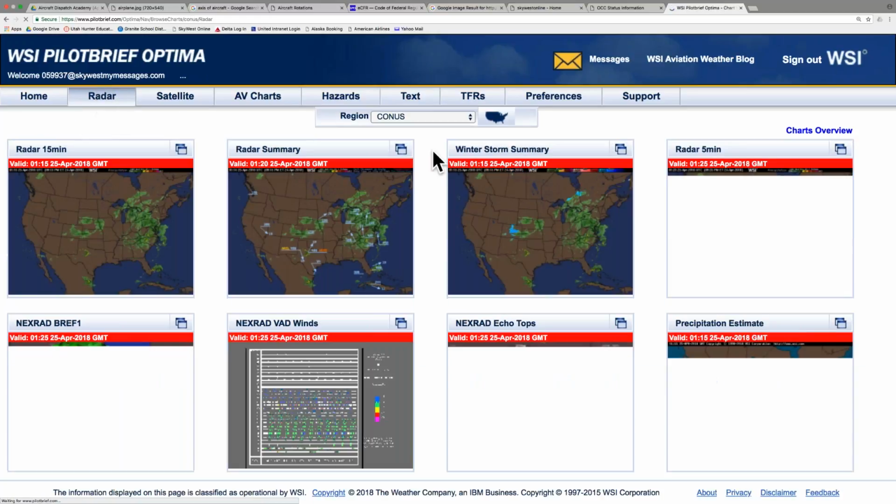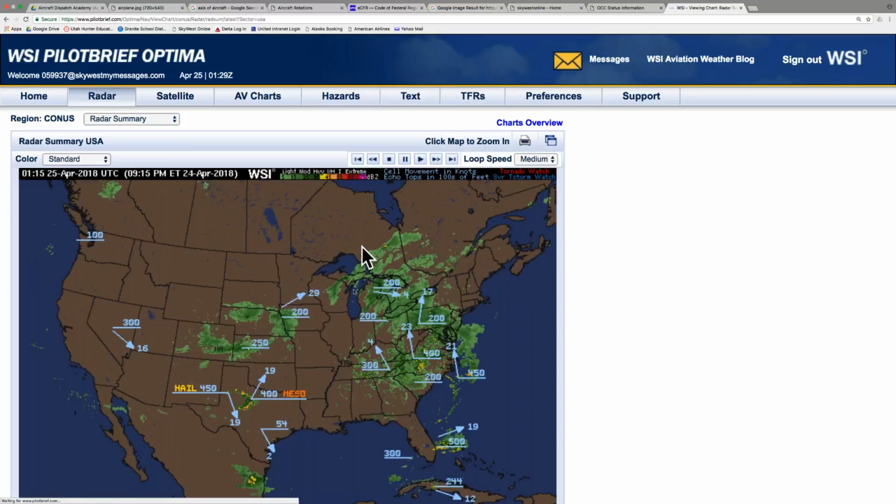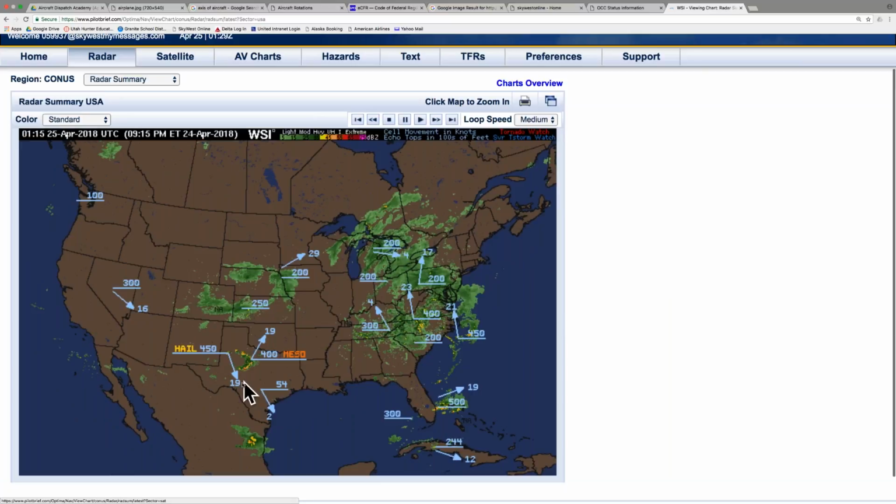It's just like that map that I showed you at first. It will also tell us there's hail occurring in this. This meso means something. These numbers mean something about the tops of the clouds, how fast they're moving, and in what direction the weather is moving.